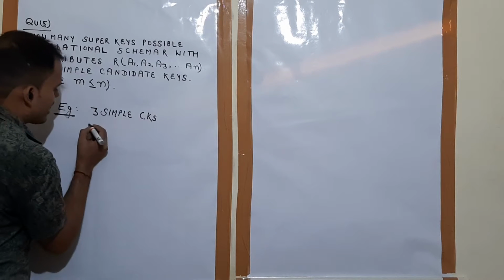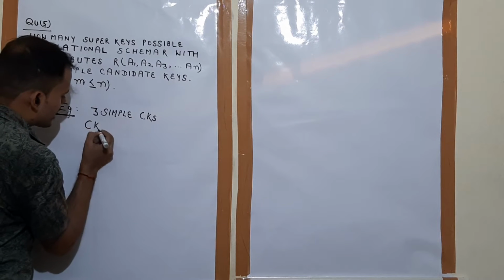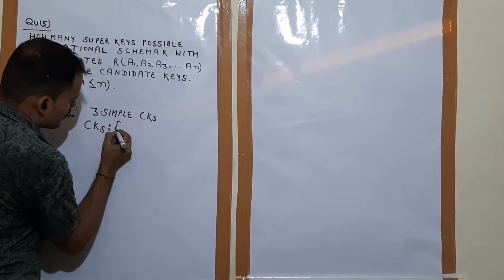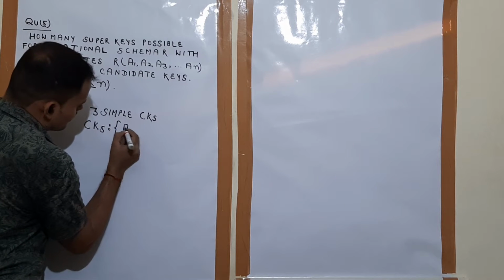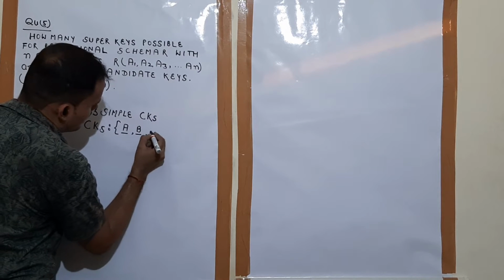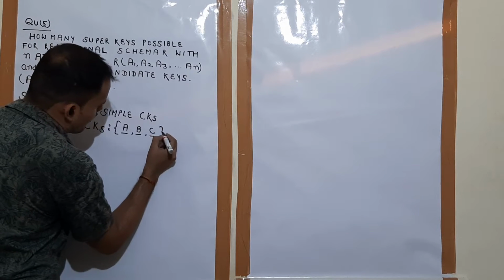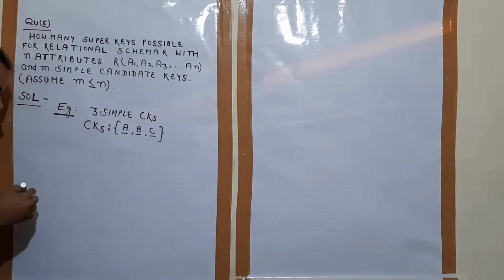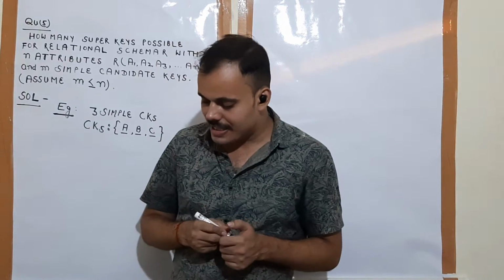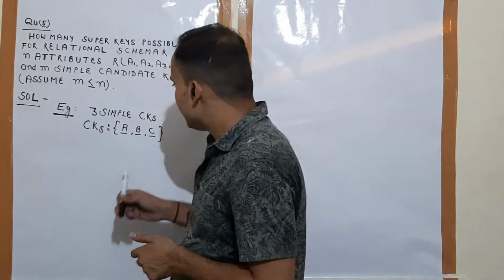What are these candidate keys? Assume these candidate keys are A, B, and C. Assume there are three simple candidate keys and these candidate keys are A, B, and C.